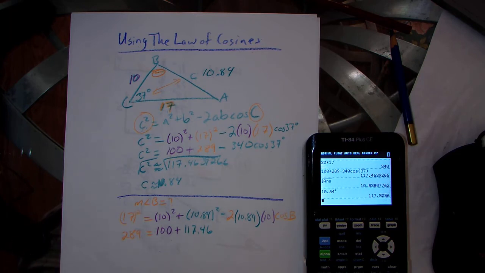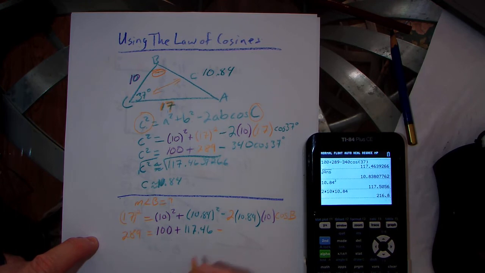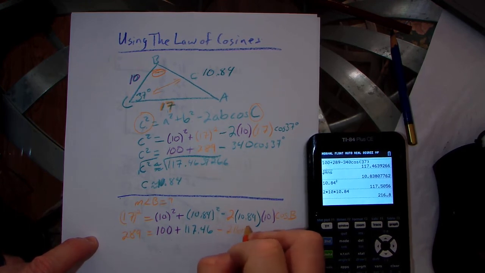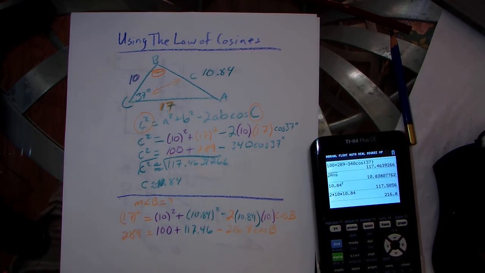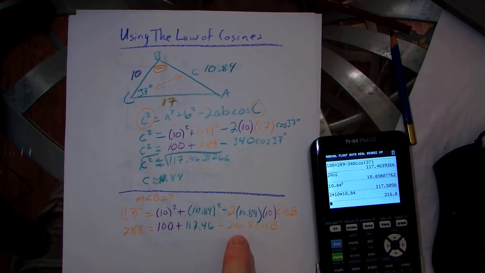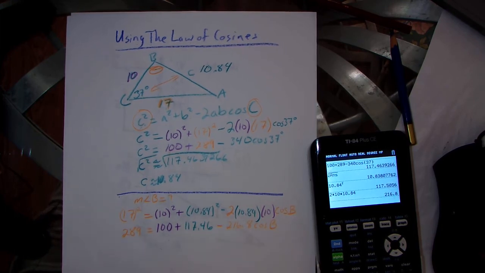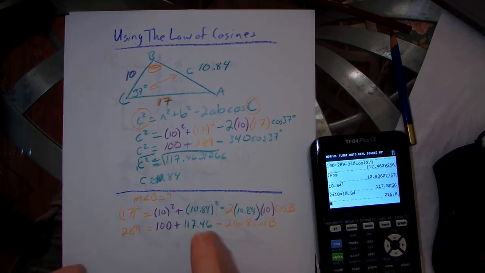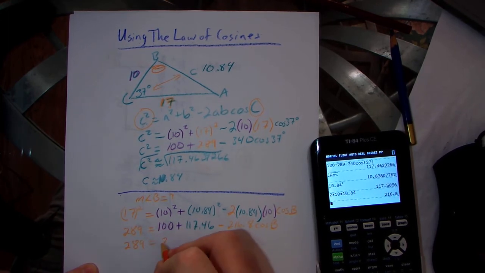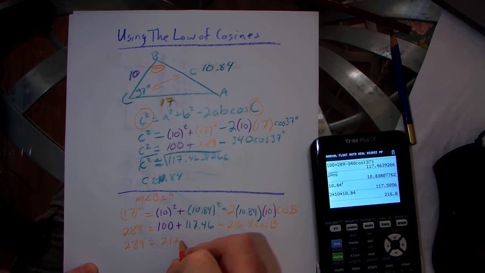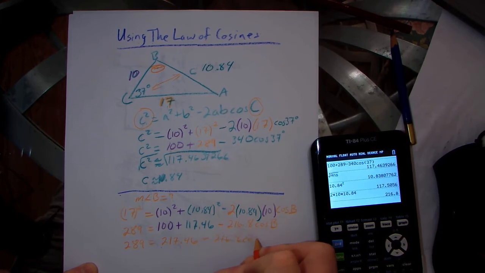And then minus 2 times 10 times 10.84 is 216.8 times the cosine of B. And this is where we have to be super duper careful. We can't combine this 216 with any of these because it's locked in with the cosine of B. So I'm going to take these two and add them up. Have 289 equals 217.46 minus 216.8 cosine B.